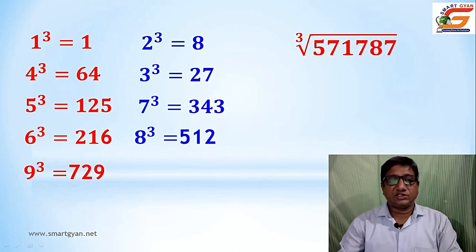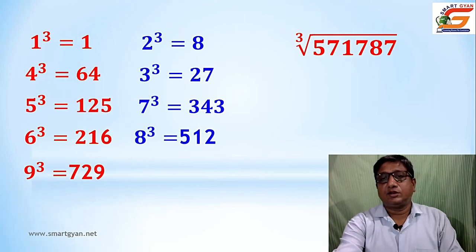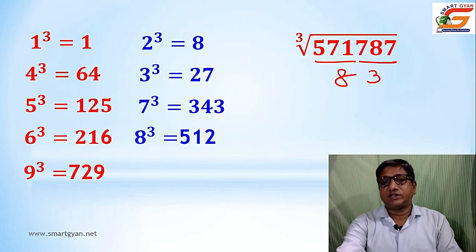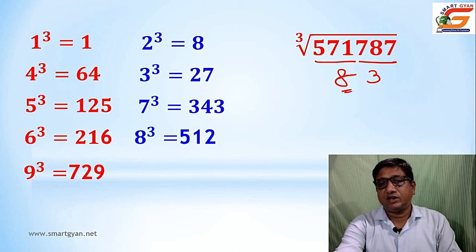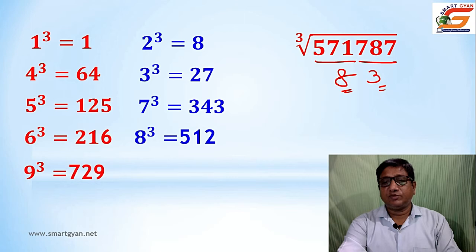The approach is the same, we simply have to find the root digits, here 3 and here 8. That is 1 second for the left part and 1 second for the right part. That is what I promised you: maximum you will take 2 seconds to find the cube root of numbers up to 10 lakh.